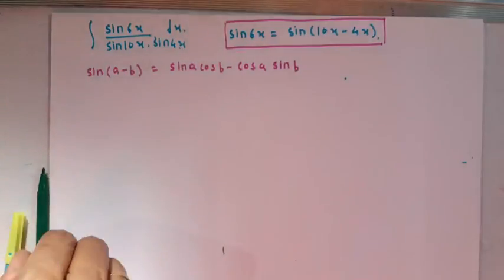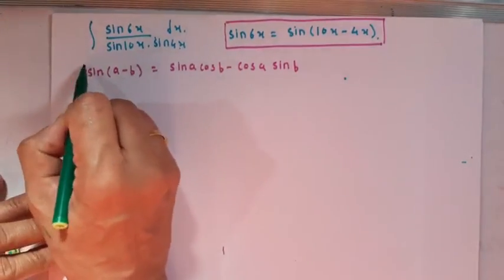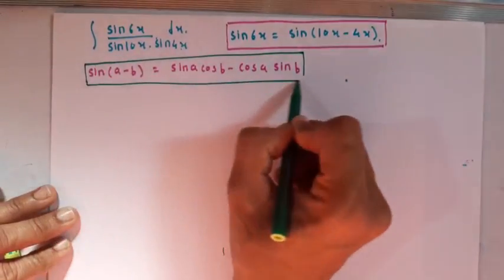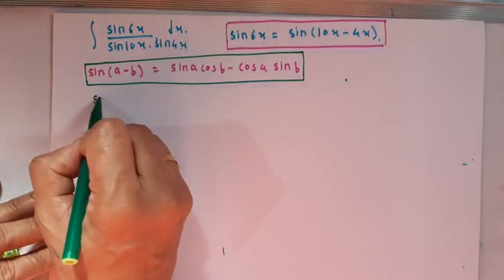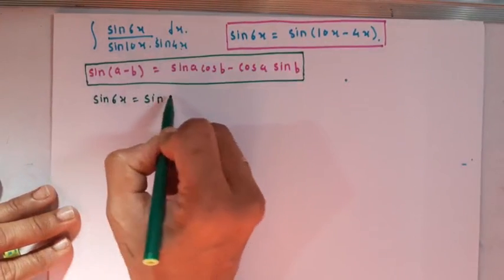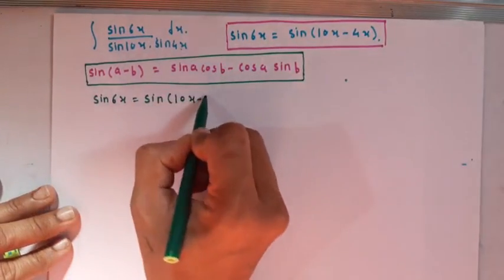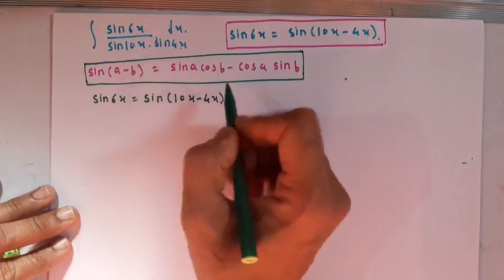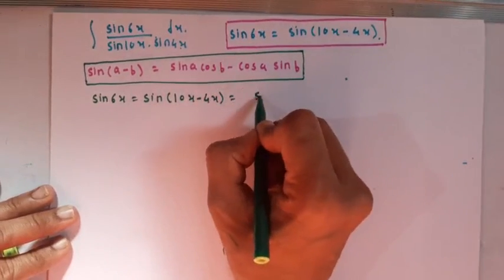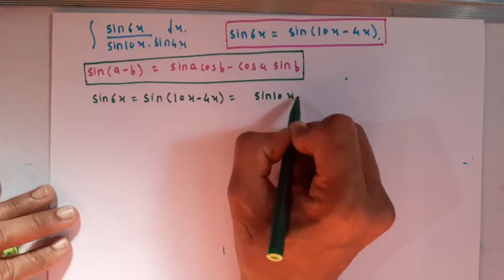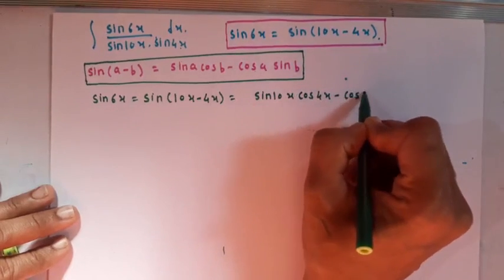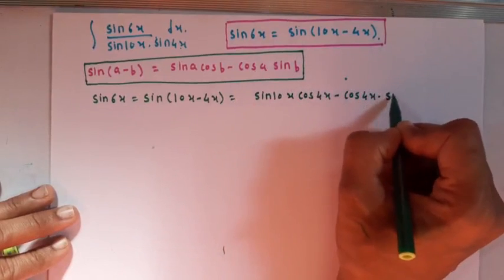By using this formula, we can write sin of 6x equal to sin of 10x minus 4x, where 10x is a and 4x is b, that is sin of 10x cos of 4x minus cos of 10x into sin of 4x.